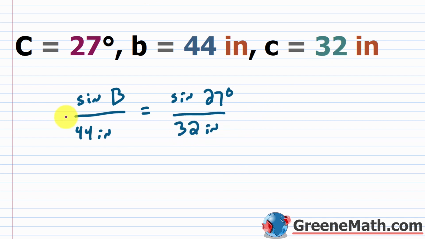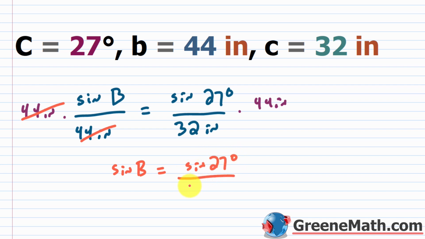What I can do is multiply both sides by 44 inches. So let me do that over here as well. And I'm going to cancel this with this. And so I have that the sine of B is equal to the sine of 27 degrees over 32 inches, and then times 44 inches. Actually, let me cancel the inches away, and I'll just erase it from here. That way we don't deal with it.